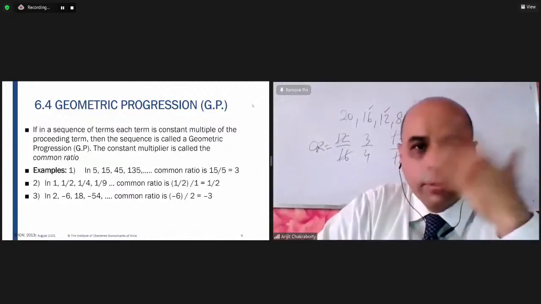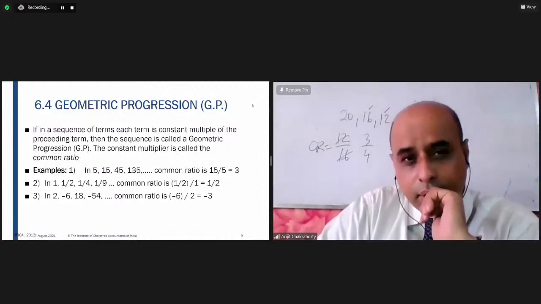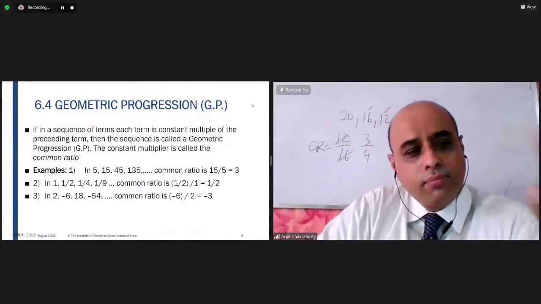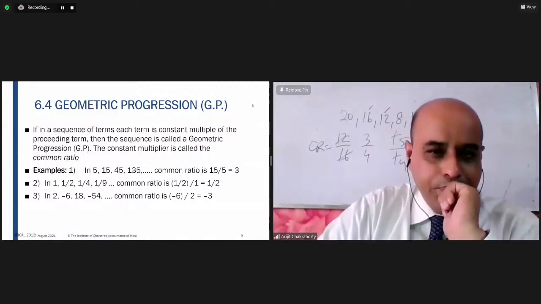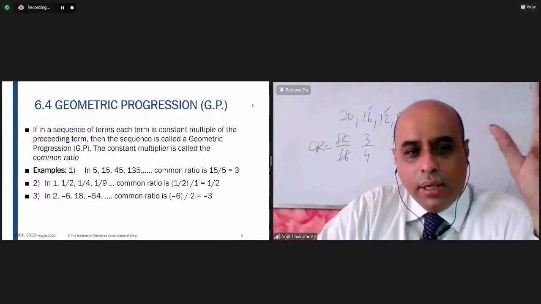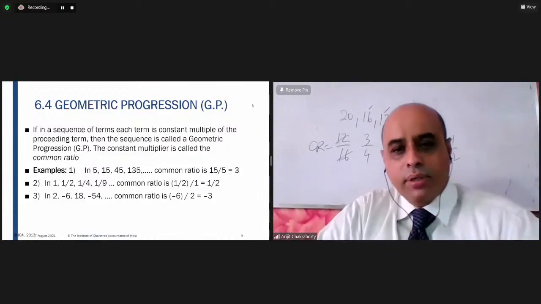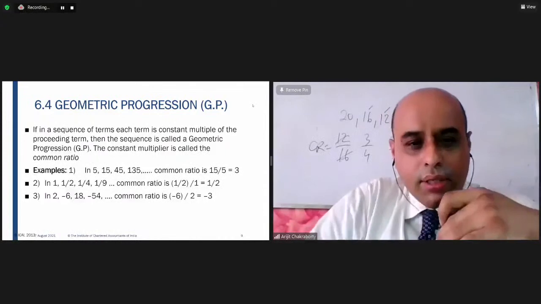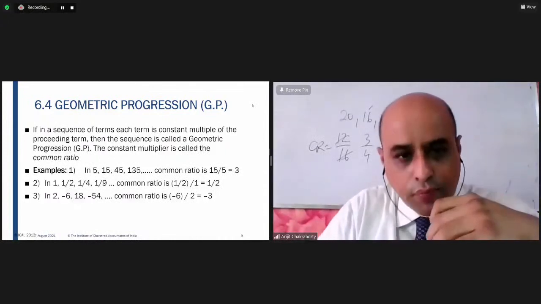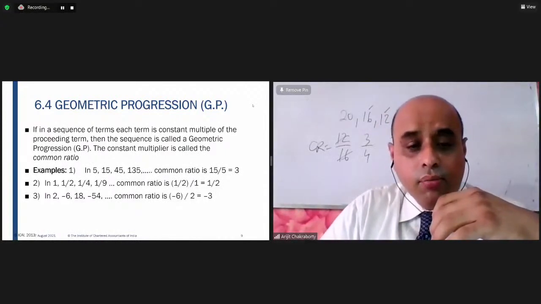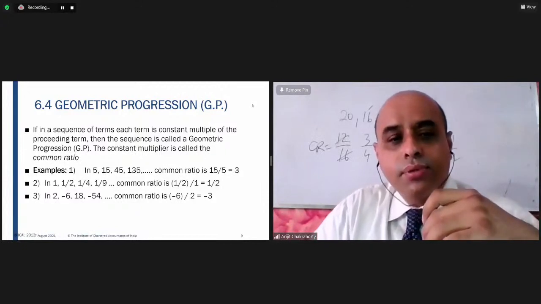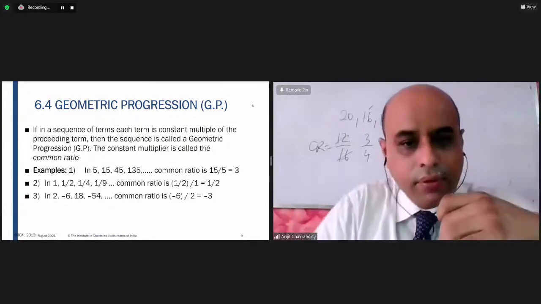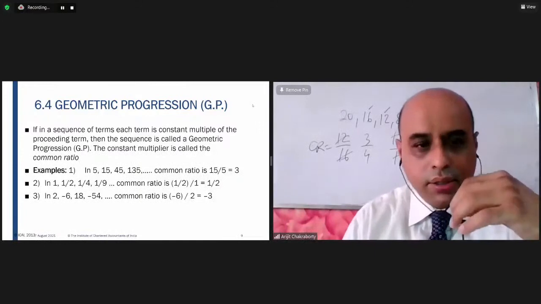So apparently the common ratio works out to half, but then 1/4 and 1/9 do not match. So what will be your final answer? So far as the second example is concerned, looking at the first three terms, yes, the common ratio seems to be 1/2. But between term 3 and term 4, it's not working. Therefore, overall, it's not a GP.